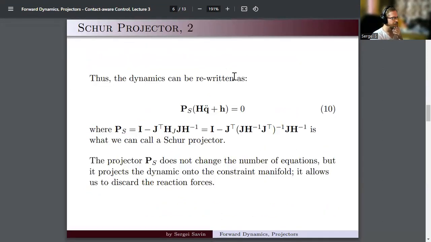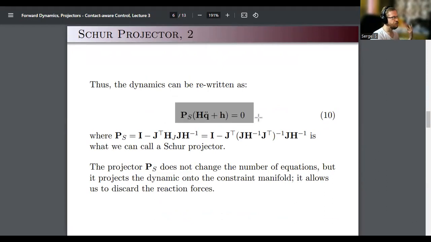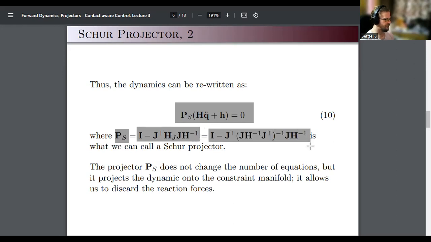Now, this then becomes an expression for dynamics, right? Because it is a perfectly legitimate equation for dynamics, just the reaction forces are expressed out. Where this guy, and it is actually this, right?